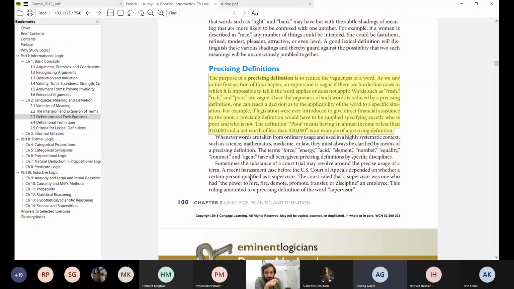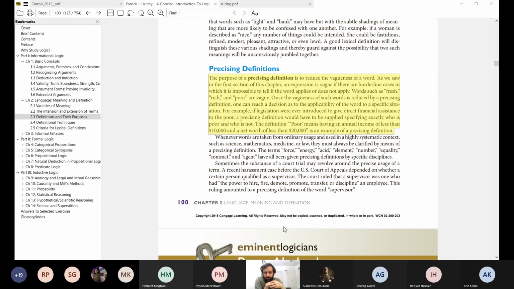Okay, so just pause there. One important lesson to take from this example, which is the second key thing when talking about precising definitions, is that often it makes sense to define a word one way in one context and another way in another context.